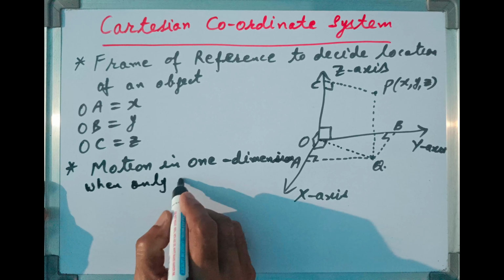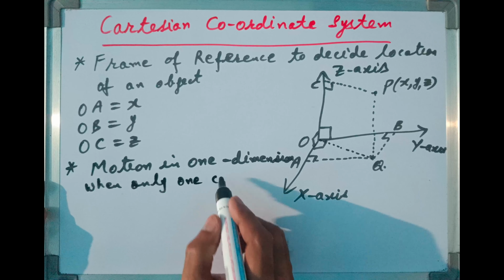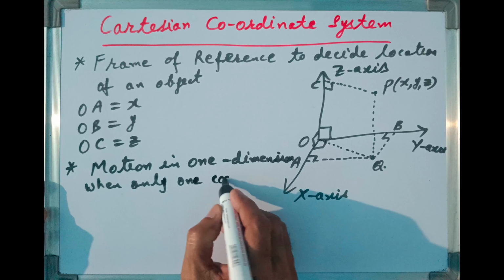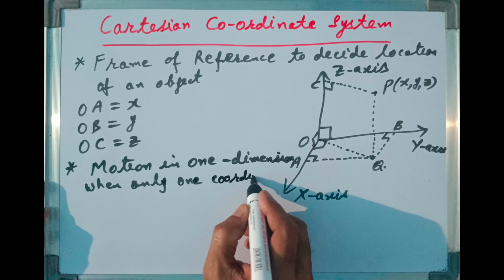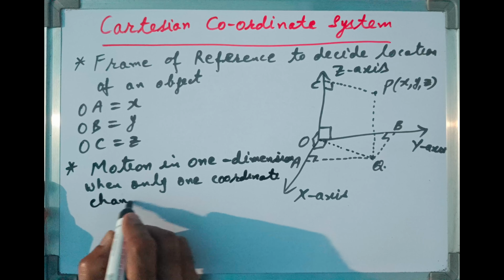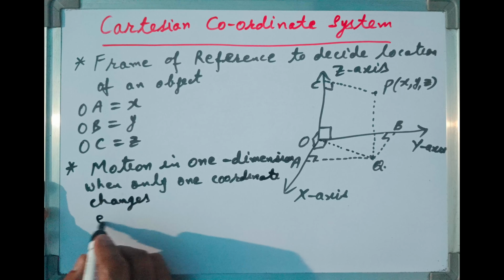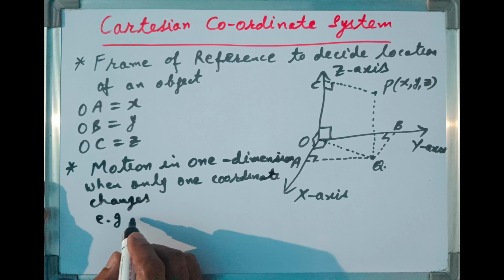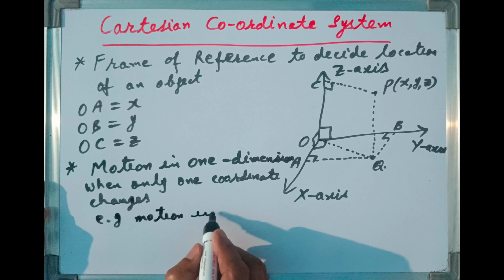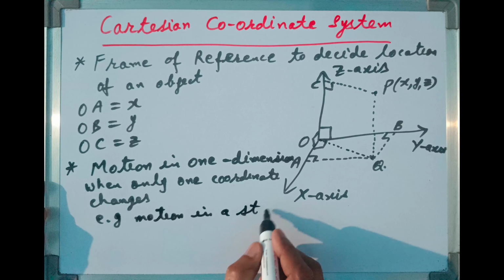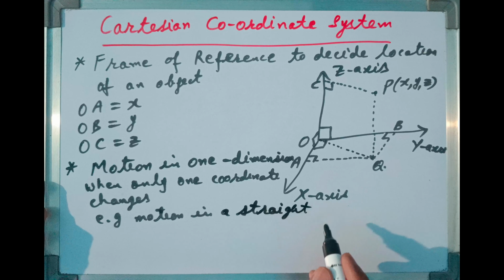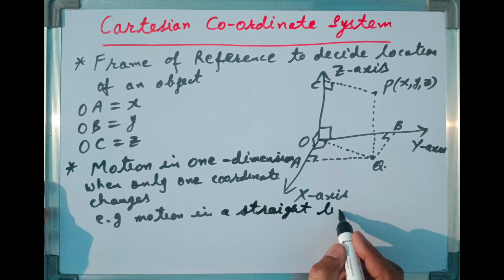It may be the x coordinate, it may be y, it may be z. For example, when a body moves in a straight line, that motion in a straight line can be called motion in one dimension.